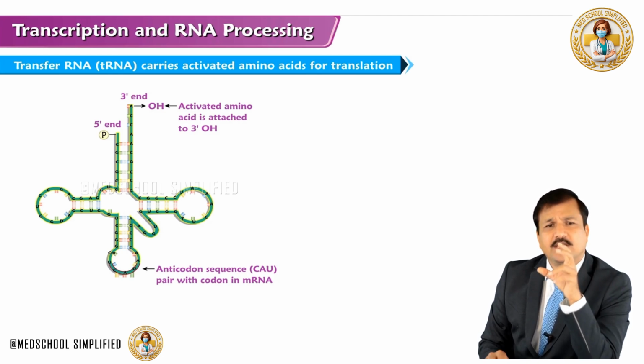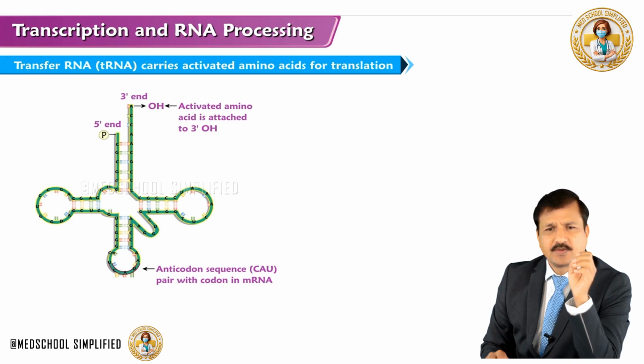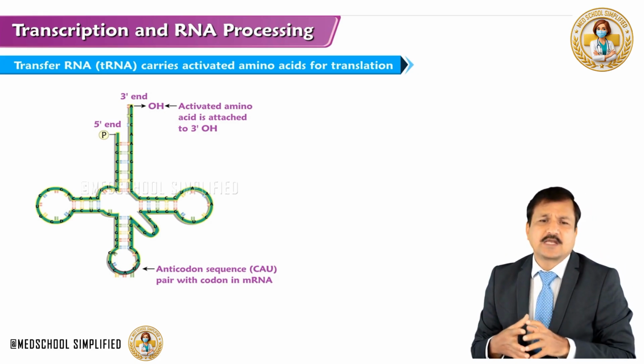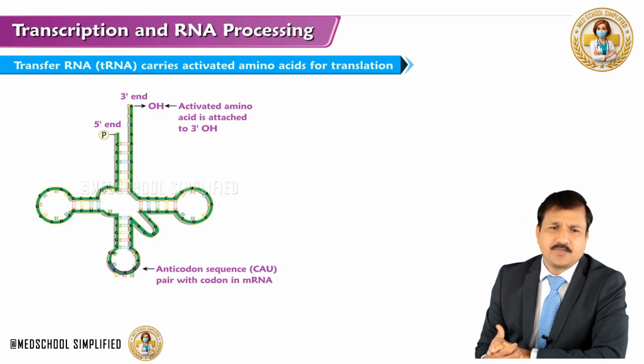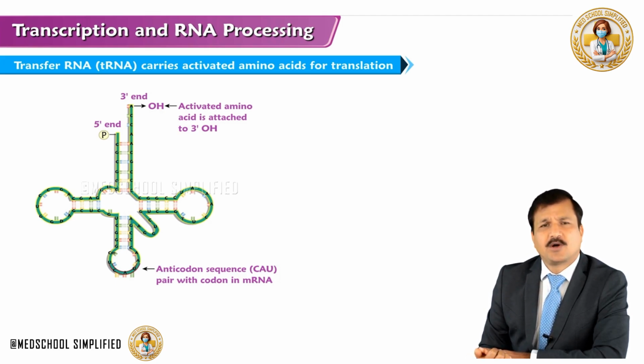The genes encoding these tRNAs in eukaryotic cells are transcribed by the RNA polymerase 3 enzyme. The tRNAs enter the cytoplasm where they combine with their appropriate amino acids. And although all tRNAs have the same general shape, small structural features distinguish among them.